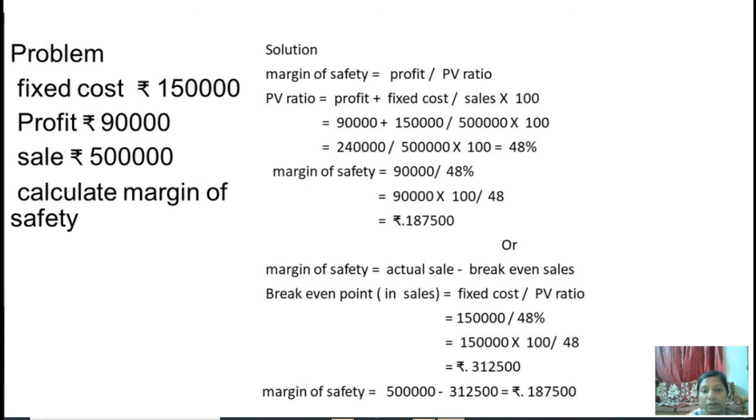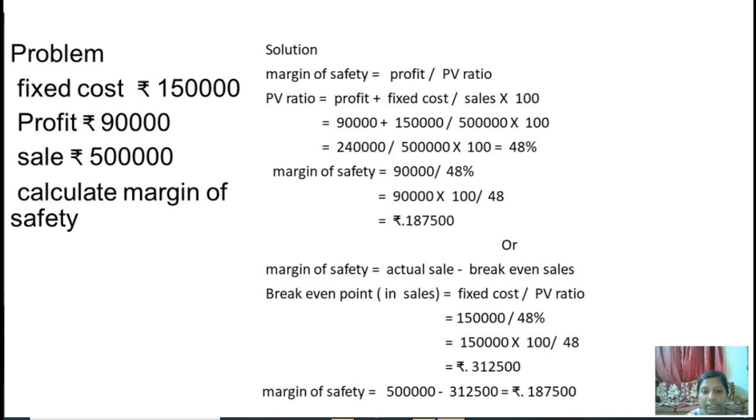So 90,000 into 100 divided by 48. For the 48%, the margin of safety amount is 90,000. For the 100%, the margin of safety is rupees 1,87,500.